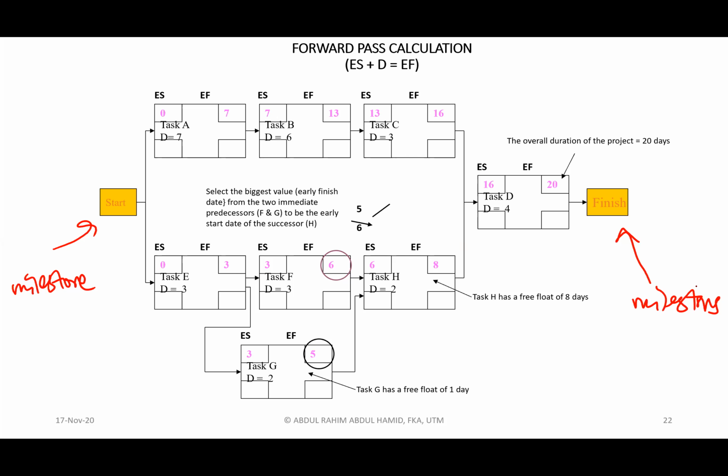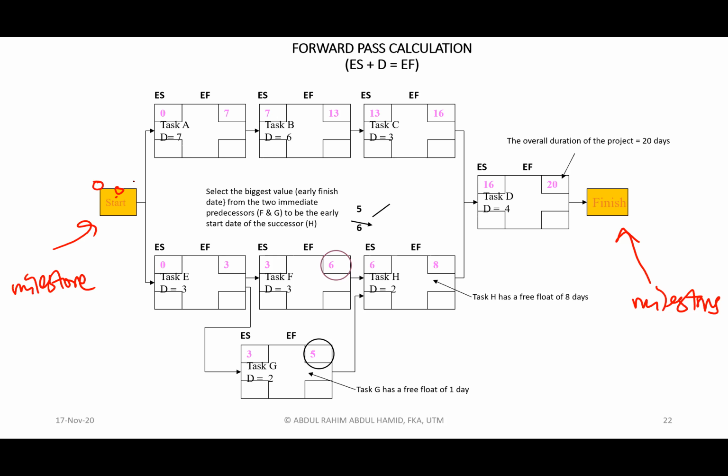Other than that, you don't need to use milestone. So remember, milestone also does have duration, which is 0 duration. So we start with zero calculation. We do not use one. No, no, no. One is only when you use it in a bar chart. But in AON diagram, PDM diagram, you start with zero.